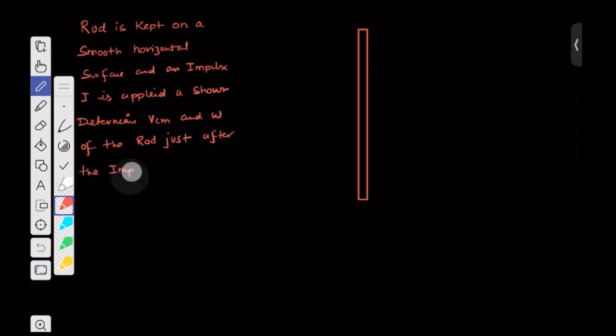Now, what kind of thing is it? Suppose I have kept the rod like that and I'm going to hit it somewhere here. Suppose we apply an impulse at one of the ends of this rod. Can you guess what kind of motion this rod will have? What exactly did we do here by applying an impulse?